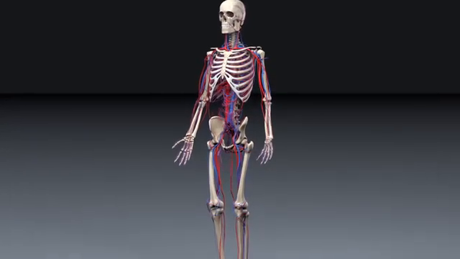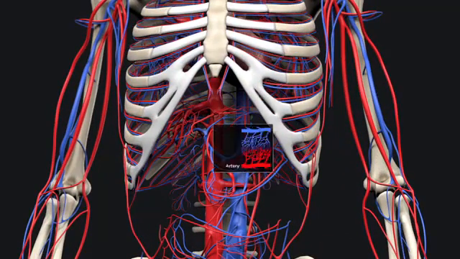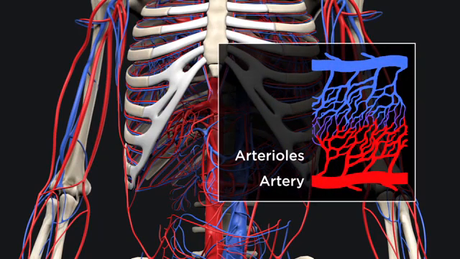Larger arteries, which are named within the body, lead to smaller unnamed vessels called arterioles that move the oxygen and nutrients into the muscle tissue. These arterioles divide into smaller and smaller vessels, such that muscles are completely permeated with a vast network of microscopic blood vessels known as capillary beds.